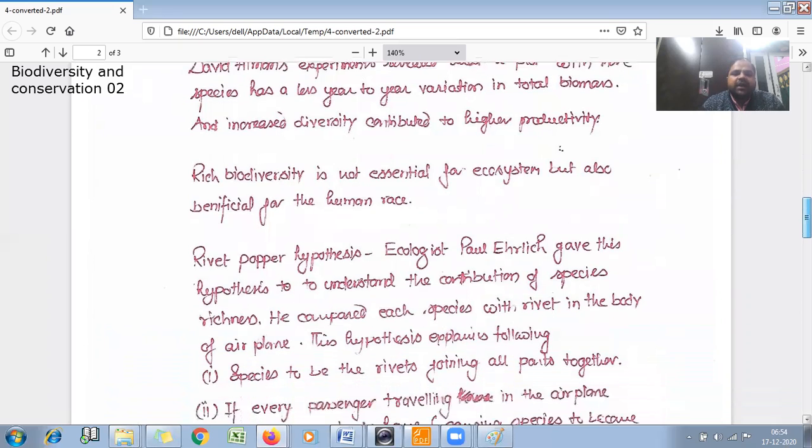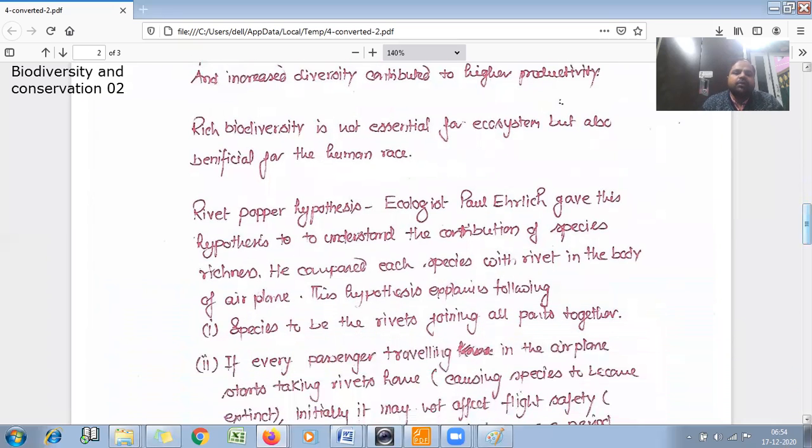So there is a hypothesis, the Rivet Popper hypothesis. A scientist and ecologist, Paul Ehrlich, gave this hypothesis to understand the contribution of species richness, and he compared each species with rivets in the body of an airplane.